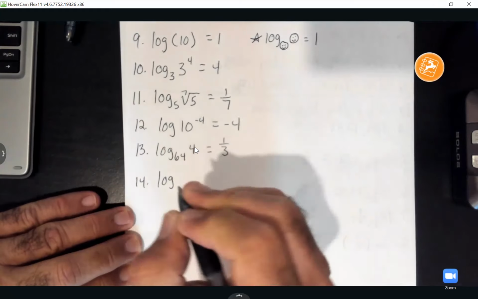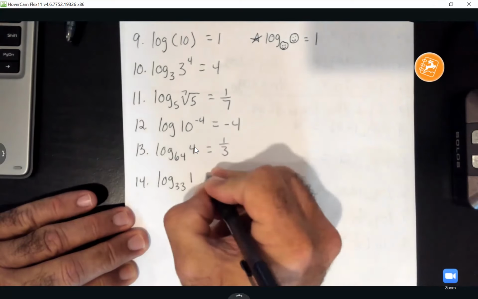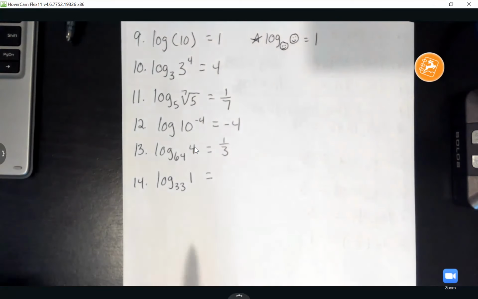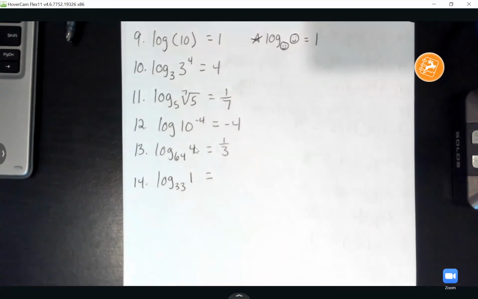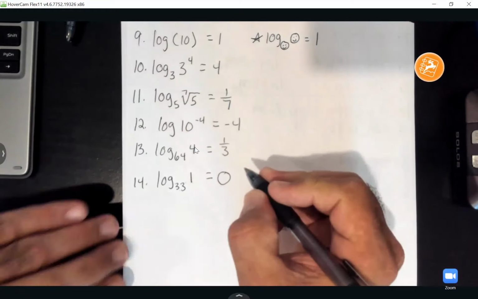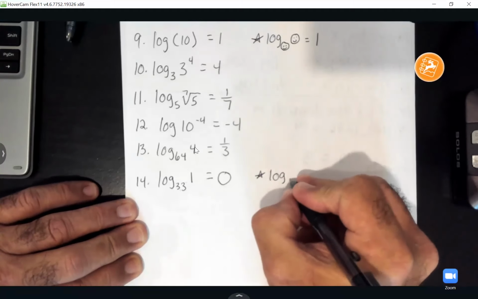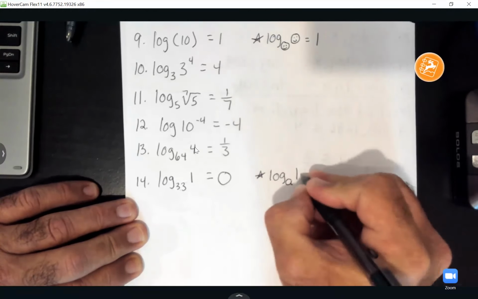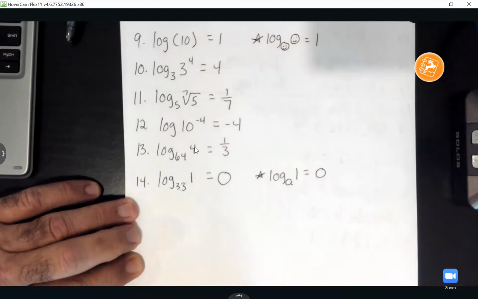All right, y'all, log base 33 of a 1. So what exponent would you have to put behind that 33 to turn that thing into a 1? Zero. It's got to be a 0. So check this out. Another little property. The log, no matter what that base is, if that result is a 1, then that's automatically going to be an exponent of 0.